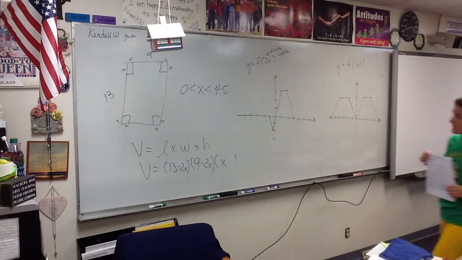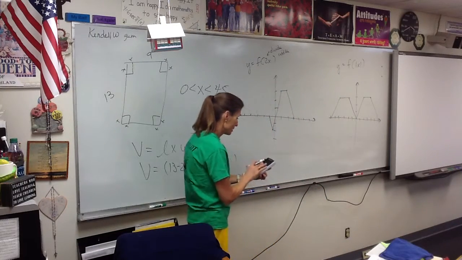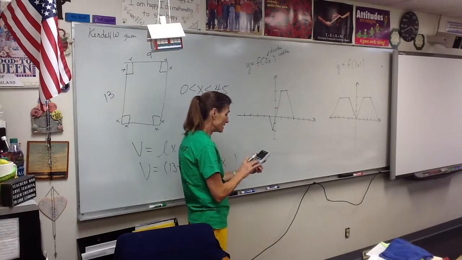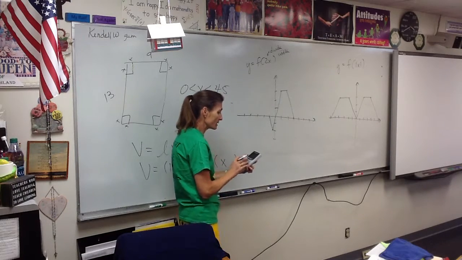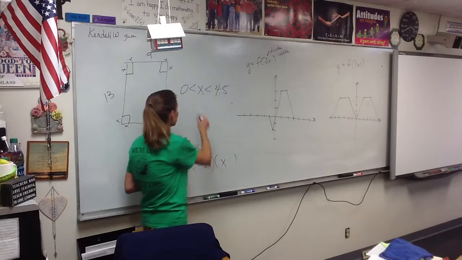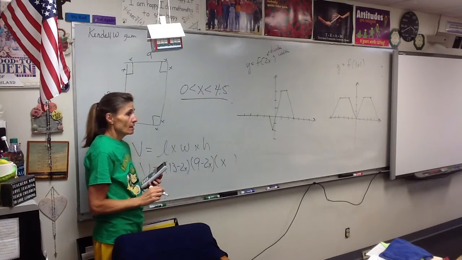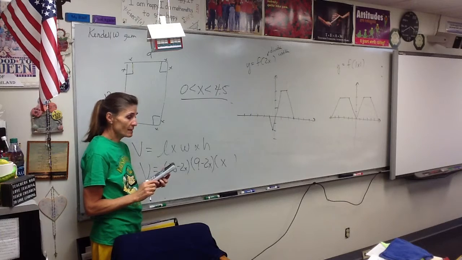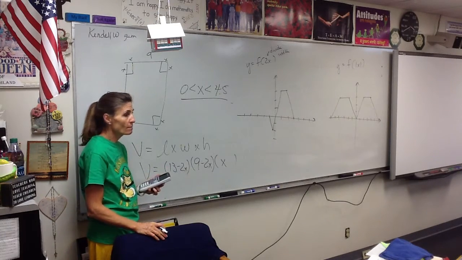So now I'm going to set my window on my calculator. Window, from 0 to 4.5 for the x's. Right there, this is x min, that's x max. What did we decide about y min yesterday? Has to be 0. Y min is 0.